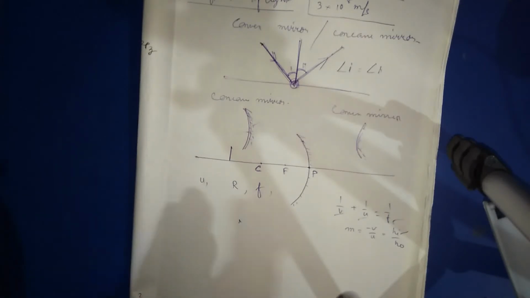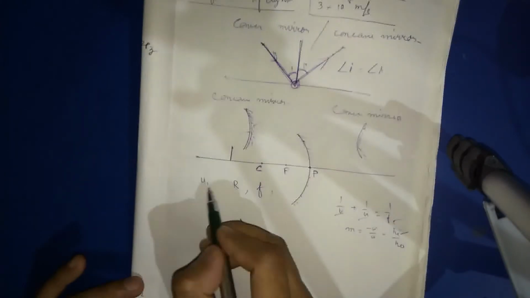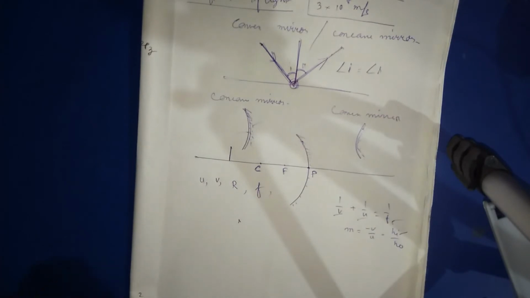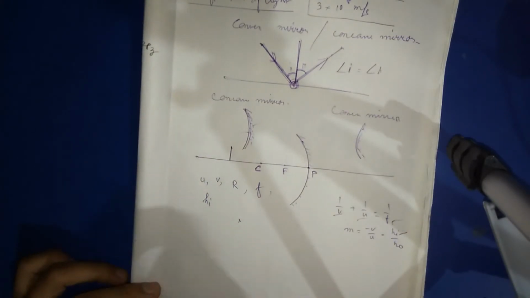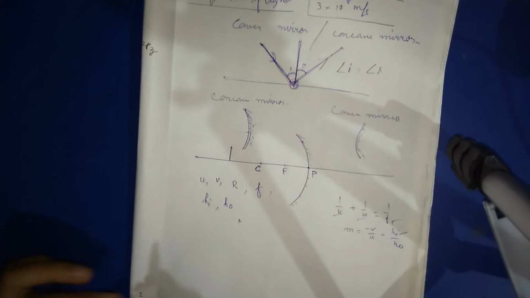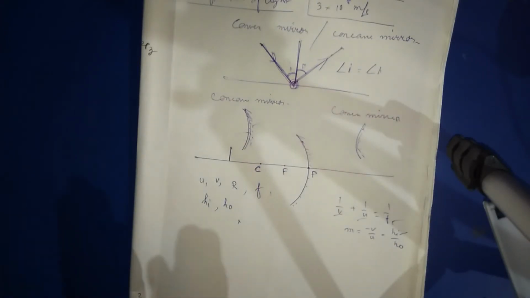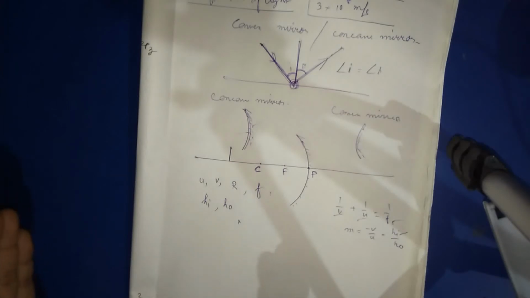The distance from the pole to that image is called the image distance, denoted by v. The height of the image is hi and the height of the object is ho. Now moving on, we have the mirror formula, to calculate the distance of the image, the focal length, or sometimes the distance of the object.